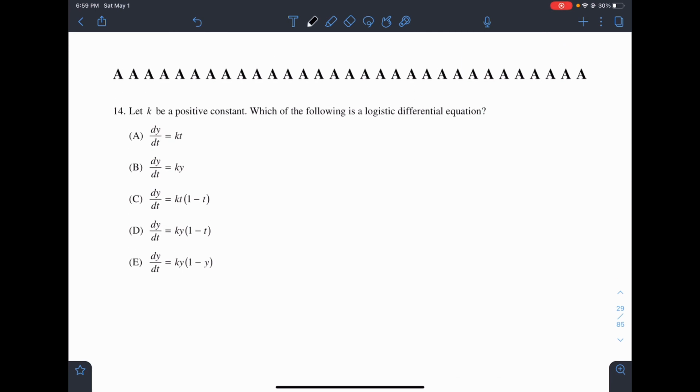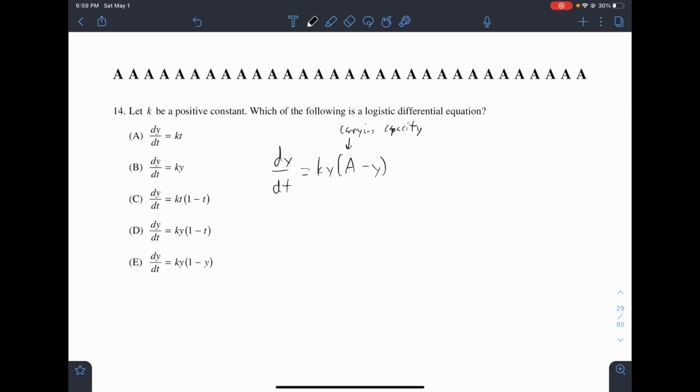14, let K be a positive constant, which of the following is a logistic differential equation. So dy/dt, this is basically the formula for a logistic differential equation, equals ky times (a minus y). So A is going to be our carrying capacity, like it is for all logistic equations.